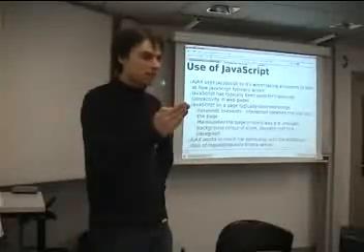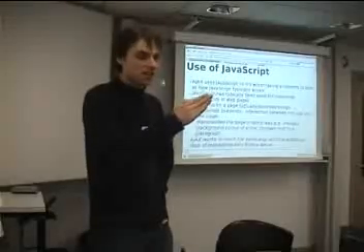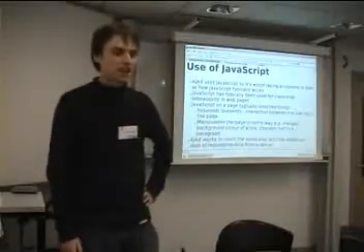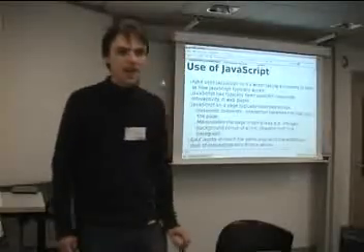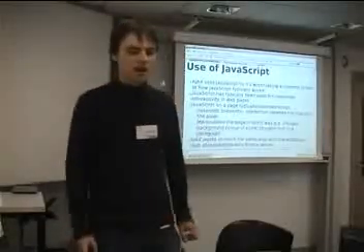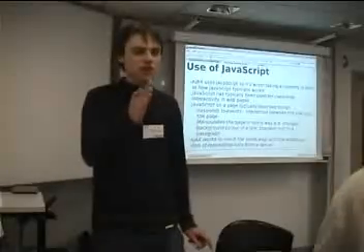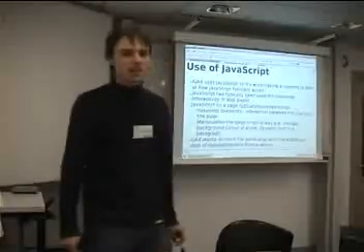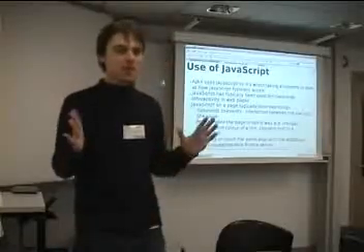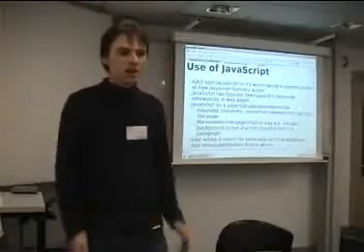So when an event happens, such as the user clicking a button, then we can connect that event to some JavaScript, and then the JavaScript runs. So the other part of the equation is that JavaScript manipulates the page in some way.